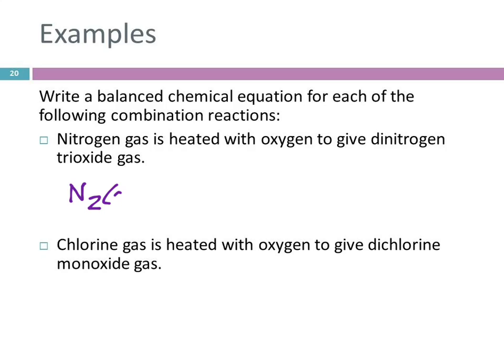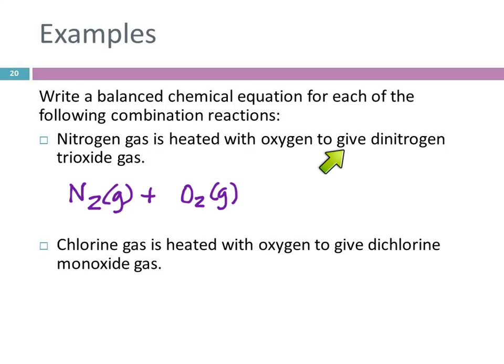It says gas, so we should put gas in parentheses. That's the state symbol. Is heated with oxygen. So oxygen is also one of the reactants, plus, is oxygen a diatomic molecule? Yes, it is. Remember that sentence, horses need oats for clear brown eyes. So here we have N for nitrogen and O for oats. And that's also a gas.